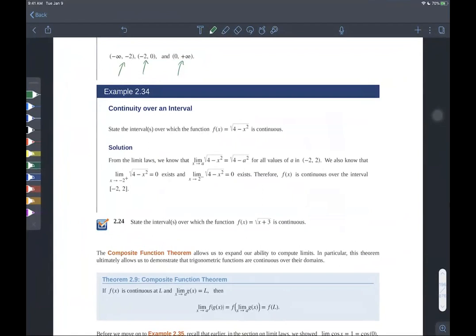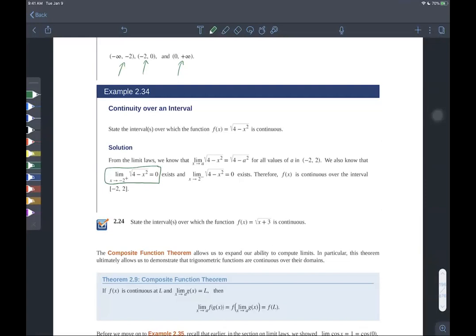We also know that, so what is the right side limit? The limit as x approaches -2 from the right is equal to 0. It definitely exists because we know it's equal to 0. We saw it from the graph.